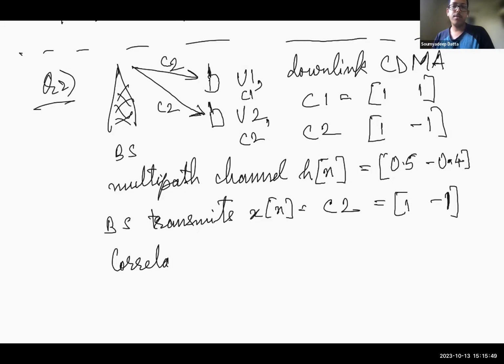So 3 by 4 times 21, what will it be? If you are absolutely accurate, K pole was 64 by 3, so this is 3 by 4 times 64 by 3, which comes out to be 16. So your practical capacity is 16.